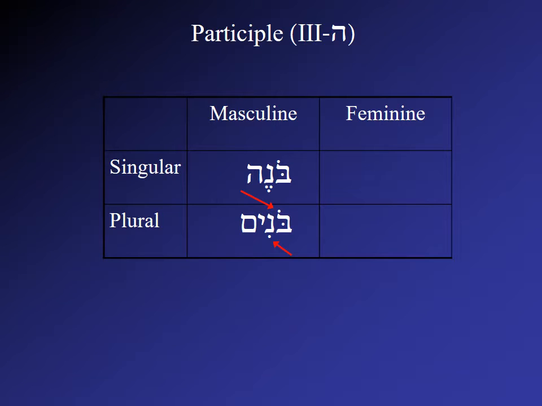So boneh, bonim, bonah. The marker of the participle here, the o-class, and then the a-class vowel of the feminine. Notice the close similarity of boneh masculine to bonah feminine. And then finally, bonot. Here again, our o-class vowel, and then we lose the he because of the vowel in the ending. So, boneh, bonim, bonah, bonot.